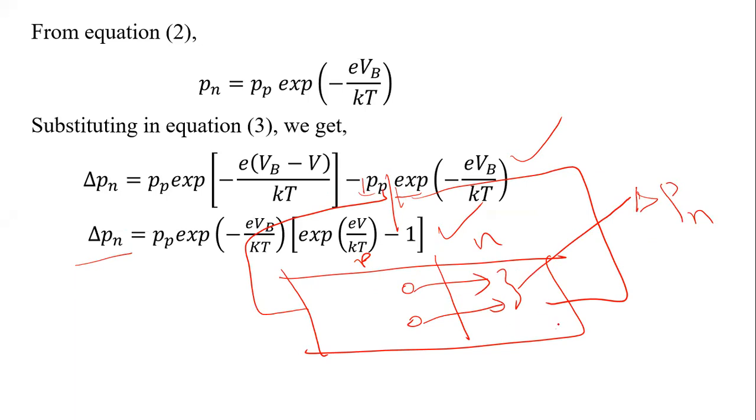As I said, the minority carrier concentration here is Pn. So by transferring this amount del Pn of holes from the p side to the n side, you are adding to the minority concentration here, just like this. So del Pn is the amount of holes transferred across the p-n junction, or the amount of holes contributing to the current across the p-n junction.